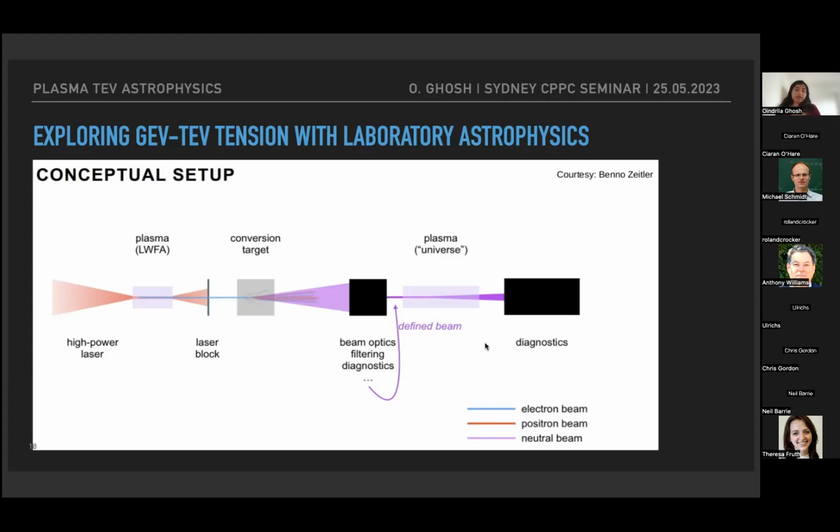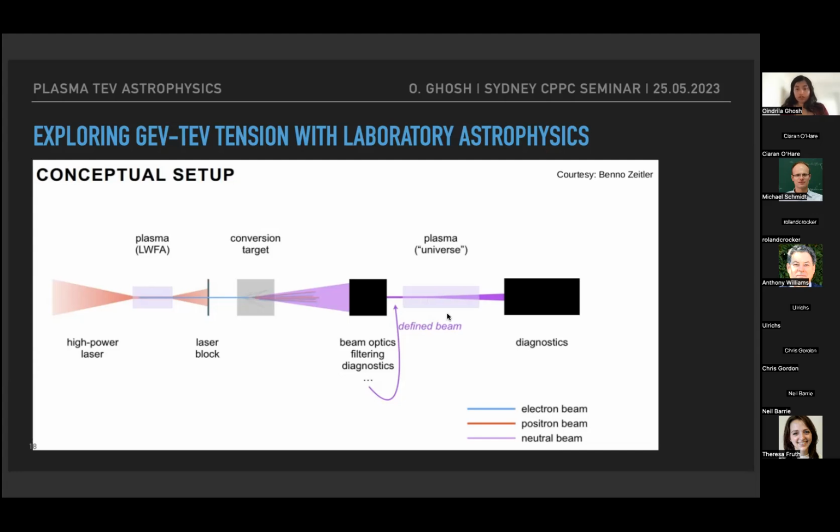And then you could use, for example, a magnetic field in order to guide these pairs so that they form a defined beam. And then we could pass them through plasma, which is essentially corresponding to the intergalactic medium, and these beams are those that correspond to the astrophysical pair beam, and we could see, for example, the signatures of these instabilities.